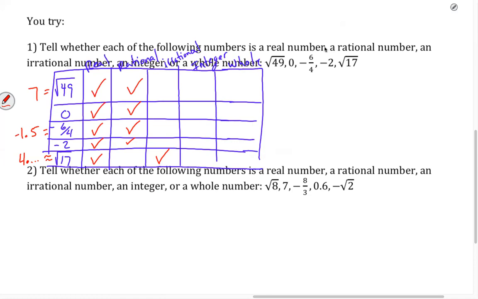Now, an integer, 7's an integer, 0's an integer, negative 6/4 is not an integer, it's a fraction. So I can't check off that box. And negative 2 is an integer. The square root of 17 is not because it's a decimal. Whole numbers. Well, 7's a whole number and 0's a whole number.